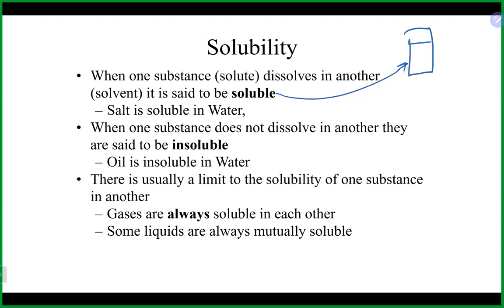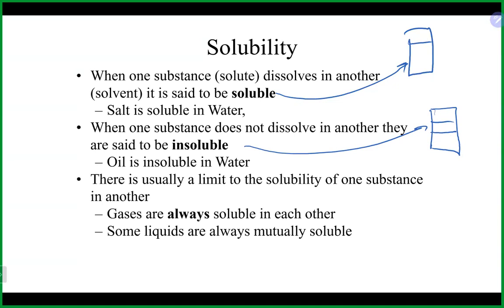If something is insoluble in one another, if it's a solid with a liquid, you would not expect the solid to dissolve. And obviously, as I mentioned earlier, if it was two liquids together that did not really mix, you would see this different layering that would happen, and you would have something that's immiscible. Now, there is a limit to the solubility of one substance in another.